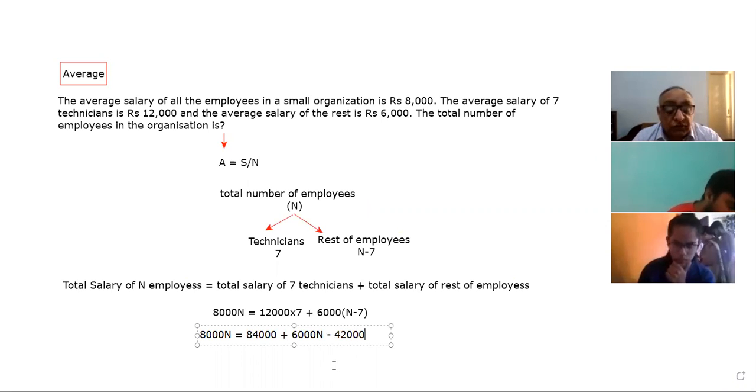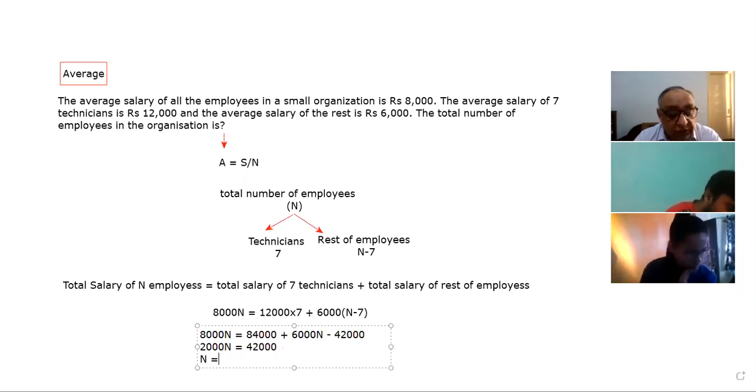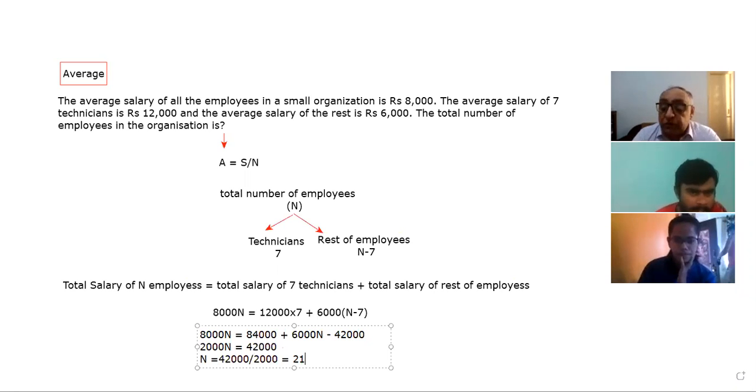So when you solve this further, it will become 2000 N is equal to 42,000, right? And N is equal to 42,000 divided by 2000, that is equal to 21. So the total number of employees in the organization, which is asked there, is 21.